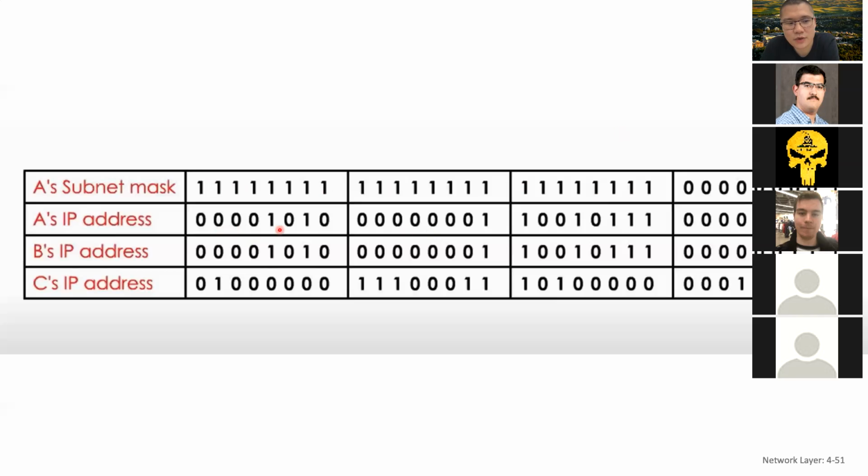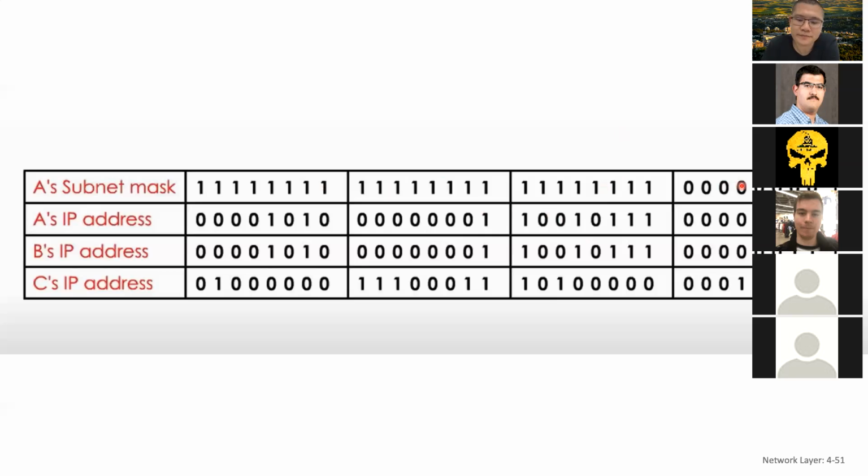It indicates how many bits in the IP address are used to distinguish the different subnets. So here the A subnet mask is 24, meaning the first 24 bits indicate different subnets, and the last 8 bits indicate different devices.